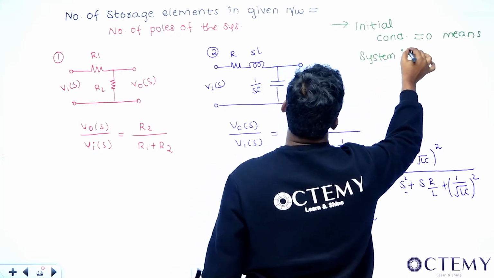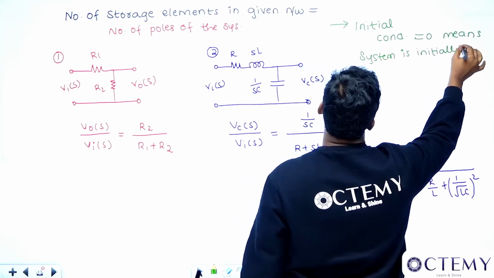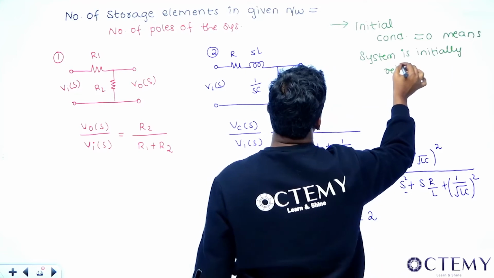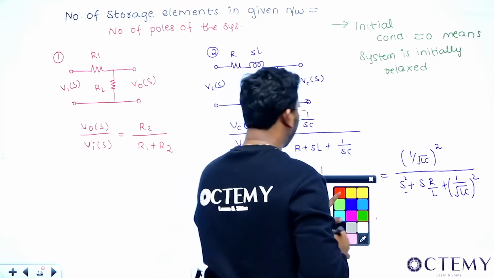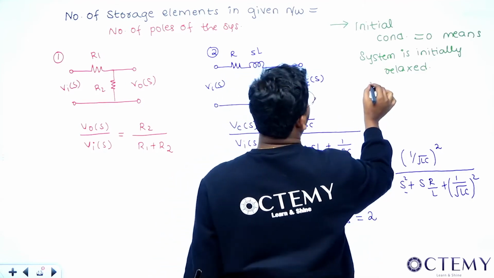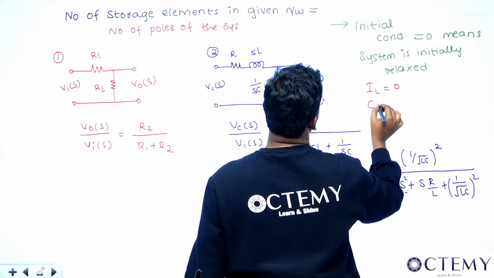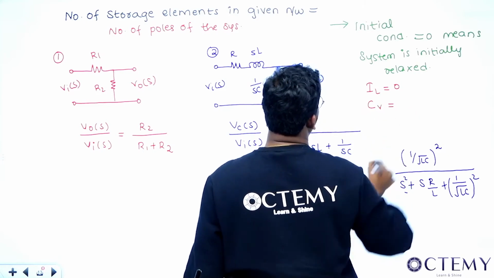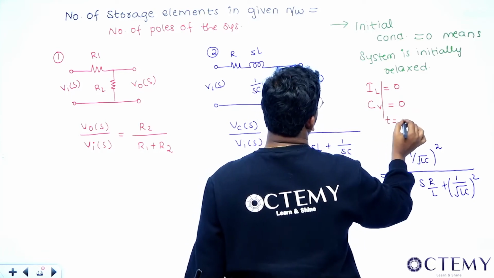The system is initially relaxed. What is the meaning of the system being initially relaxed? It means the current I through the inductor is 0 and the voltage across the capacitor is 0 at t equal to 0 minus.